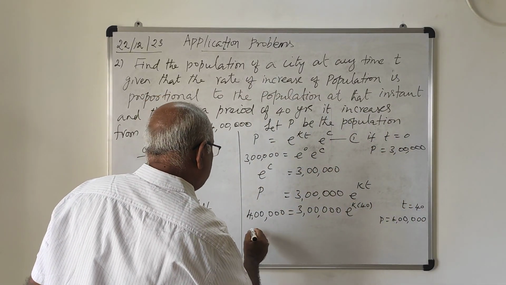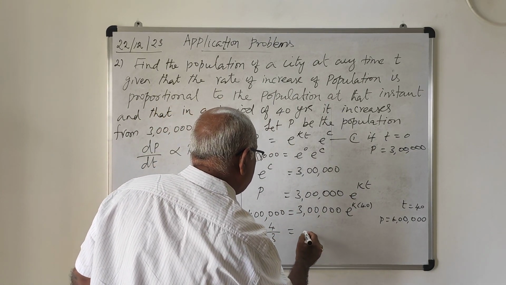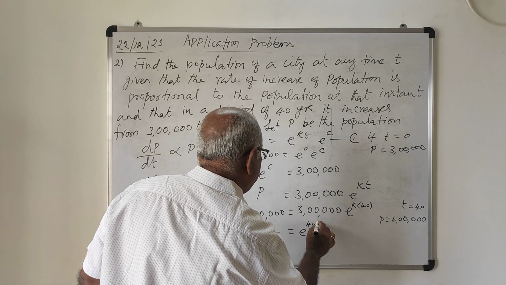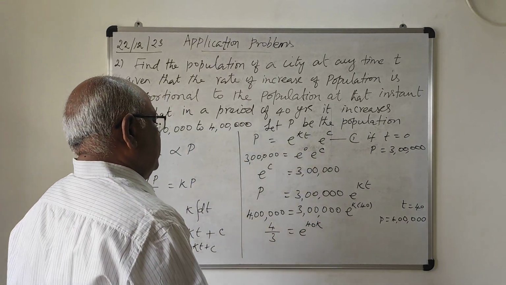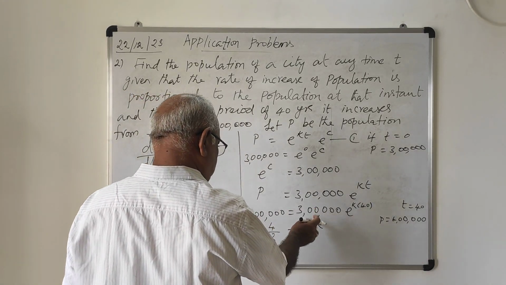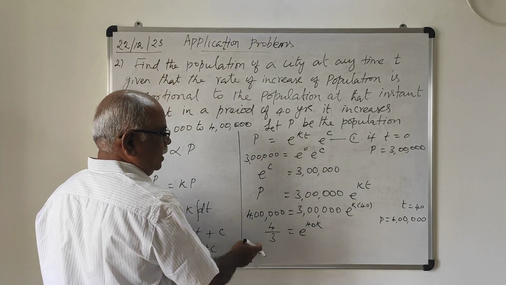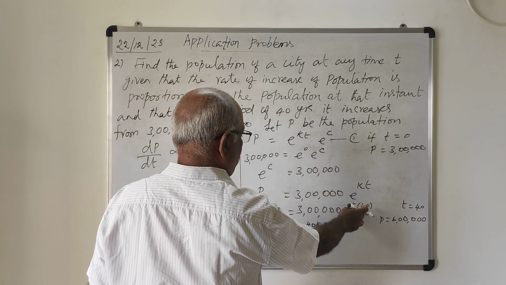Substituting this condition, 4 lakhs by 3 lakhs, that is 4 by 3, equals e power 40k.